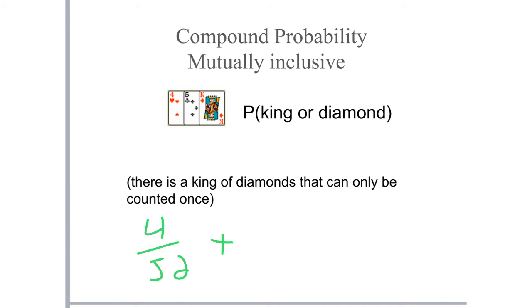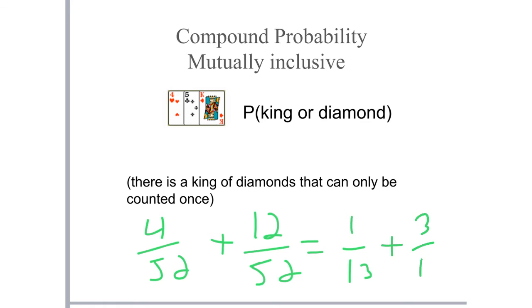Now, the number of diamonds is 13, but since the king of diamonds was included, we can't say there would be 13, but rather only 12 out of 52. And we can reduce that down to 1/13 plus 12 would be 3/13. And we'd add that together to get 4/13. So there's only a 4 out of 13 chance that you would pull a king or a diamond.